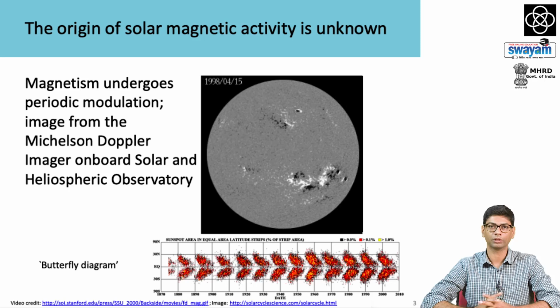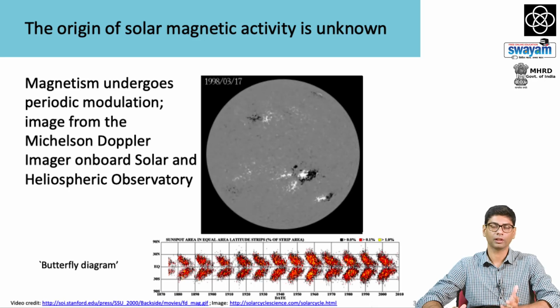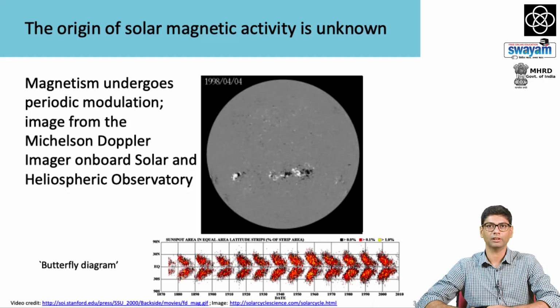This diagram is known as a butterfly diagram. The horizontal axis is time or date, and the vertical axis is latitude on the Sun. So for instance, the bottommost point of the video on top is at a southern latitude of 90 degrees, and the topmost point is the northern latitude of 90 degrees.